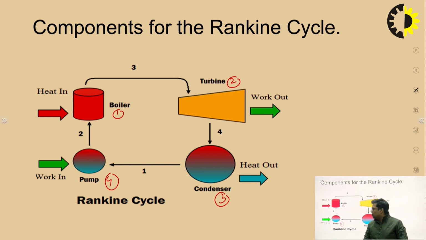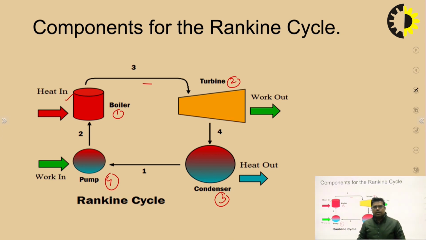In the boiler, heat acts to boil the water, and pressurized water comes from the feed water pump. Then the steam, which is saturated steam, goes to the turbine to rotate the turbine.